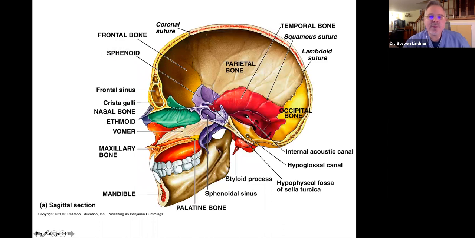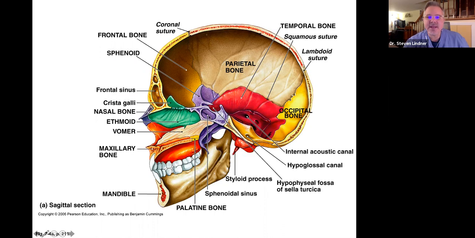nerve. When we look from the sagittal view, there's also some sinuses that you'd have to understand are there, right? And the sinuses help us produce speech. They help us with our tone and our sound. So here, this chamber in the front near the frontal bone, that's the frontal sinus.